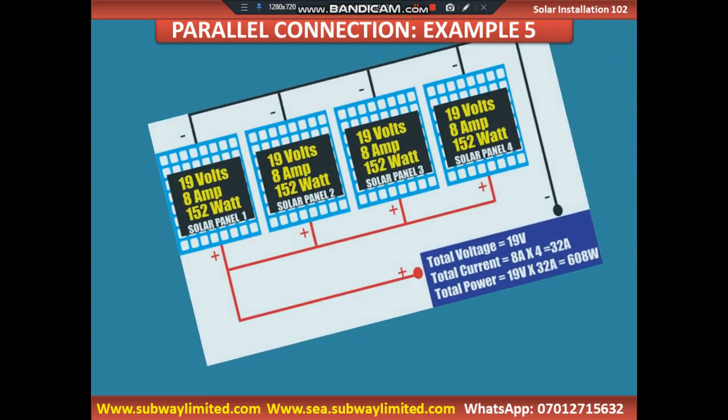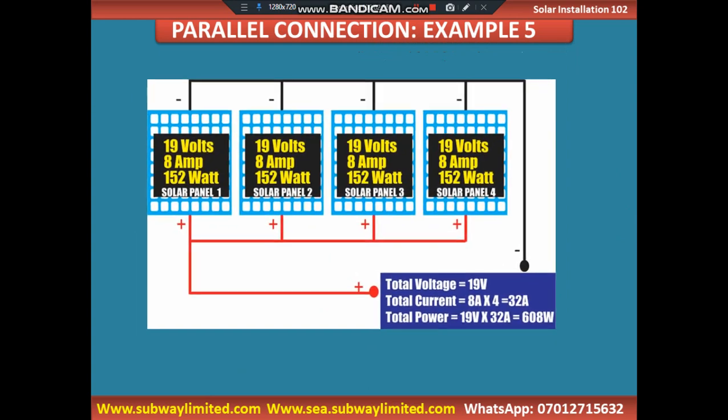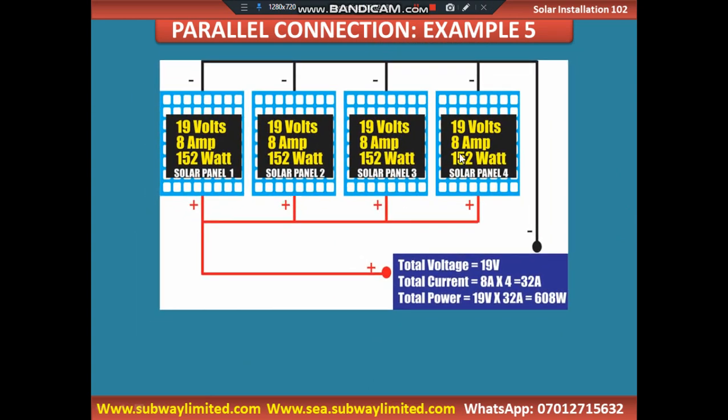We look at example 5 here. What really happens here is we are equally having 4 solar panels. You can see we are connecting the positive to the positive to the positive to the positive. That is parallel connection. We are using this diagram to illustrate parallel connection, and we are connecting negative here, negative here, negative here, and negative here, and that is parallel connection.